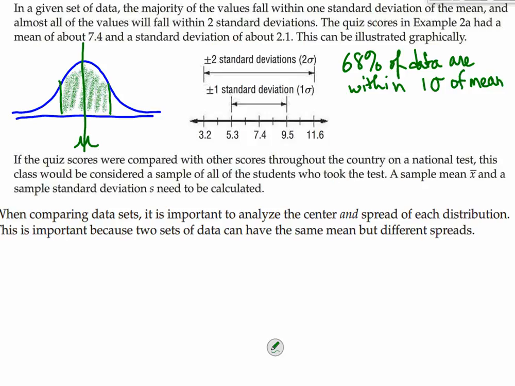Within one standard deviation means we can go one standard deviation that way or one standard deviation backwards.